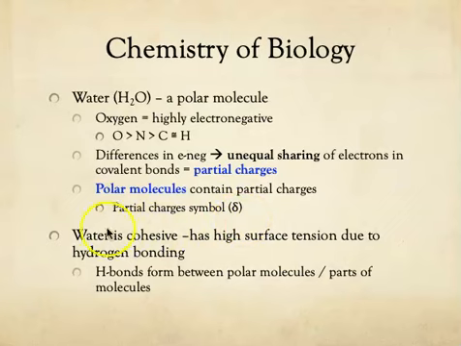Now, water is a molecule that is absolutely required in a living cell. Water has some important chemical characteristics that make it the universal solvent of living things. Water is cohesive. It has a very high surface tension, and that high surface tension comes from the hydrogen bonding that develops between water molecules.